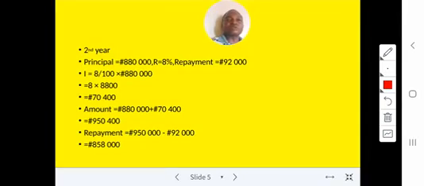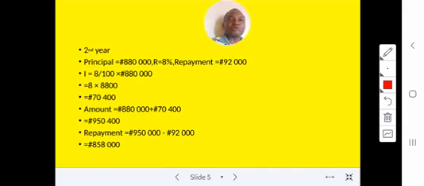Let's go to the second year. We'll have to do it up to the third year. Then we'll know how much is remaining for the man to pay. Second year, the principal is now 880,000 naira. The rate remains 8%, and the payment per annum is still 92,000 naira.